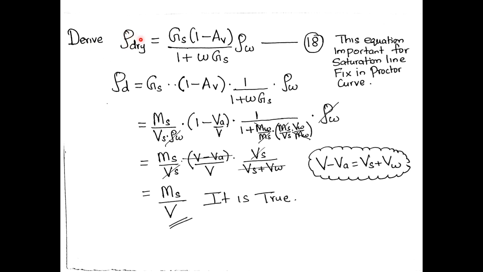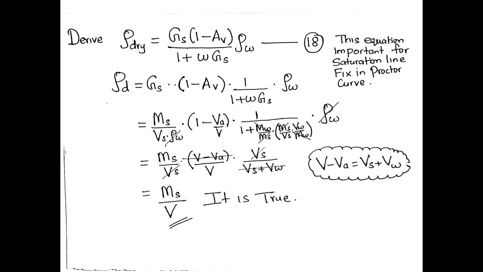Dry density is equal to Gs into 1 plus W into rho W over 1 plus W Gs. Equation number 18. This equation is important for saturation line fixing in the Proctor curve. Okay, check later. This is another relationship for dry density.